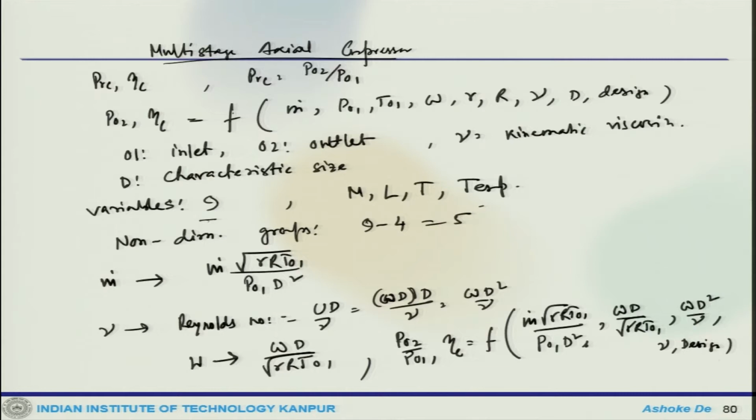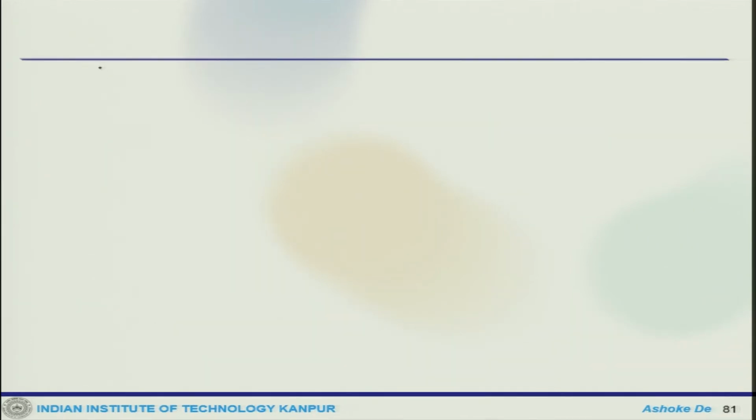Now, for a given machine, design is fixed, and nu is also almost constant for a particular working fluid over the temperature range.